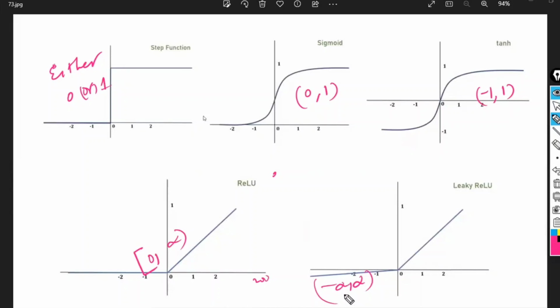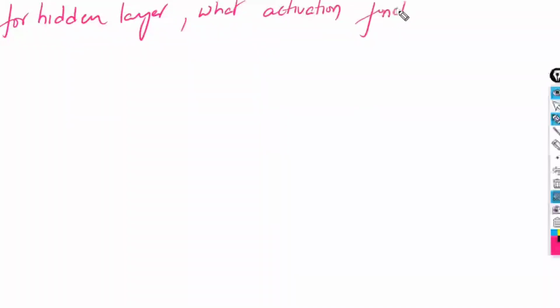Right. Now the next question is, for hidden layers, what activation function do we have to use? Activation function, shortcut, we can write AF. AF means activation function. No need to write the complete words every time.